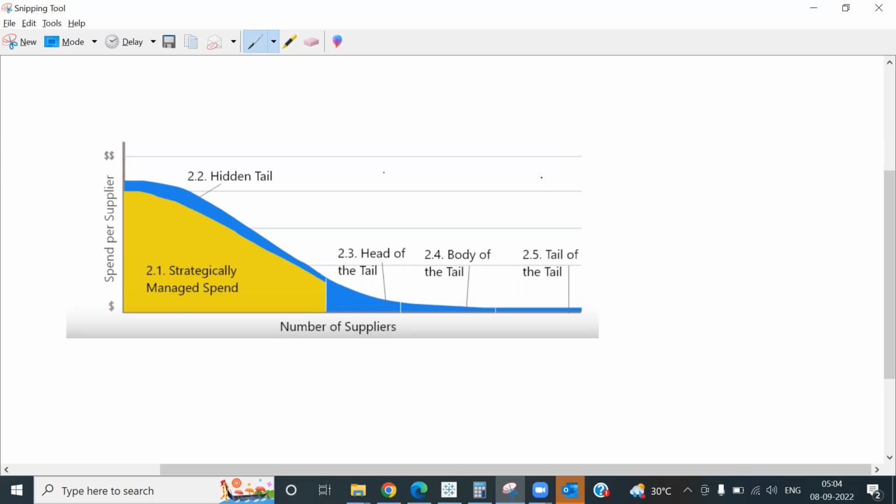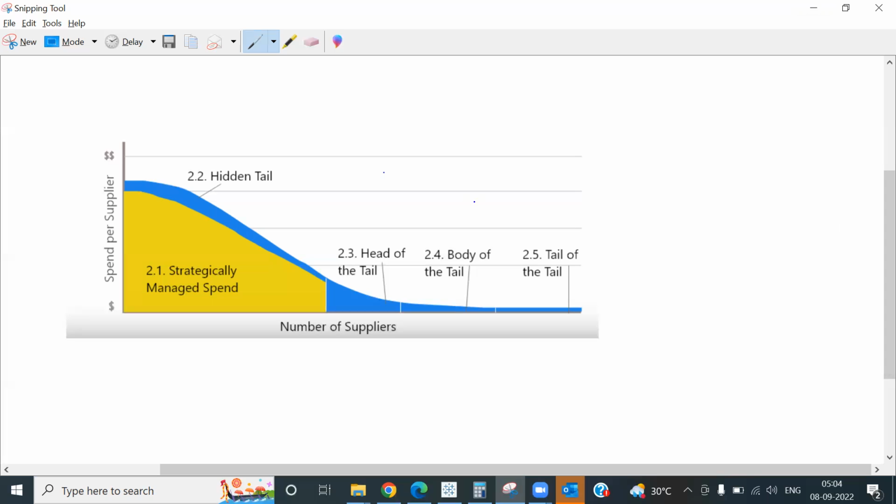The image that you see here shows the very first step of tail spend analysis: to understand what percentage of the spend is tail spend and what percentage is strategically managed. The definition of tail spend varies from company to company. Some companies will define strategically managed spend as contract spend and non-contract spend as tail spend.